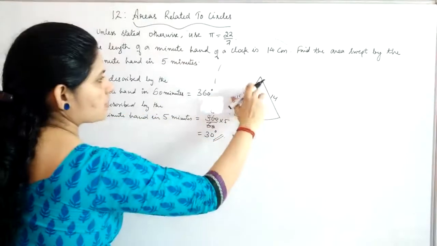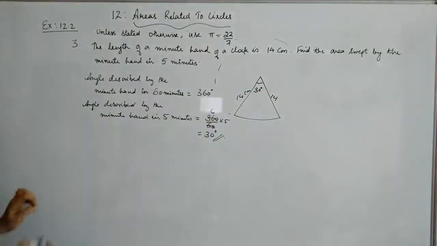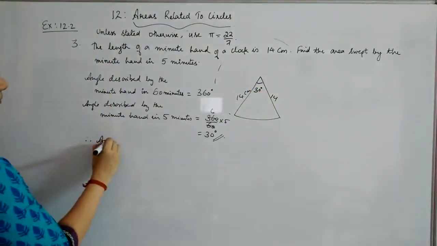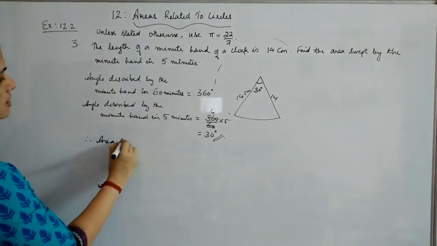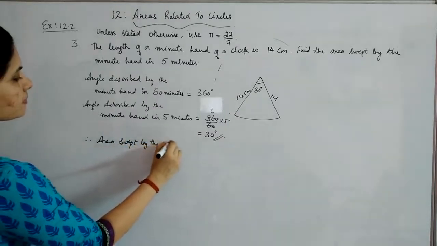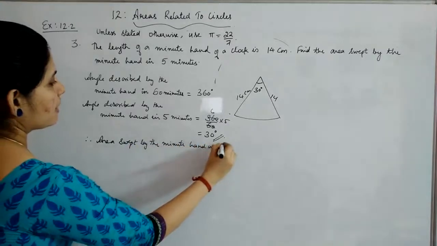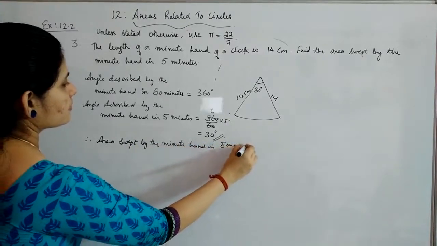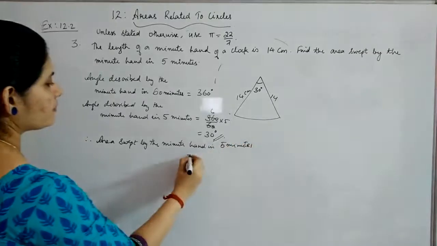So here theta is replaced with 30 degrees. Now you know the angle theta and r, so you can find out the area. Therefore the area swept by the minute hand in 5 minutes is equal to how much?